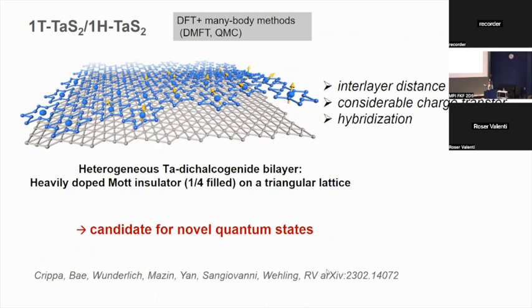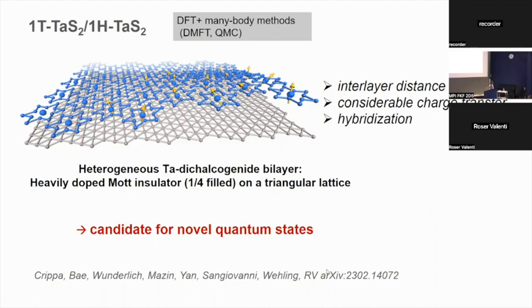So this type of heterostructure gives you a new platform for manipulating doping in a strongly correlated system as a function of the distance between the layers. So you don't have to dope. It's enough that you control, I mean, maybe Pablo can tell me whether it's easy or difficult, but indeed controlling this distance between the layers, you can find new phases due to the fact that you are doping a Mott insulator.